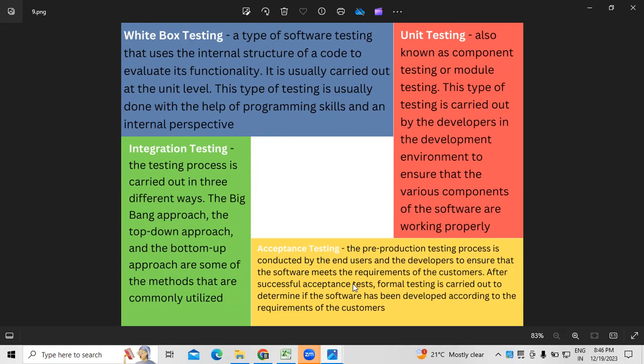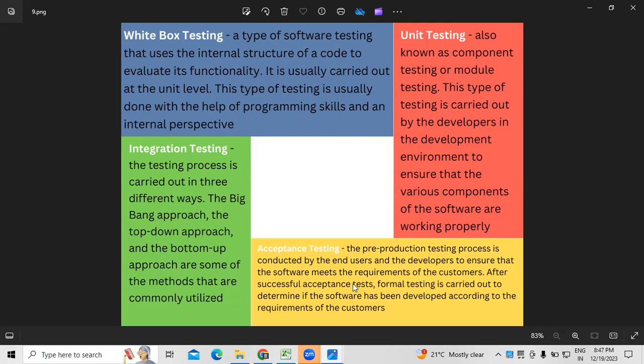Whatever code was written by someone or by themselves, they can clearly explain to you what the internal structure of the code is, and they evaluate what exactly the functionality is in terms of the logic. Because if you want to develop a logic, there is a functionality we have to write, right?